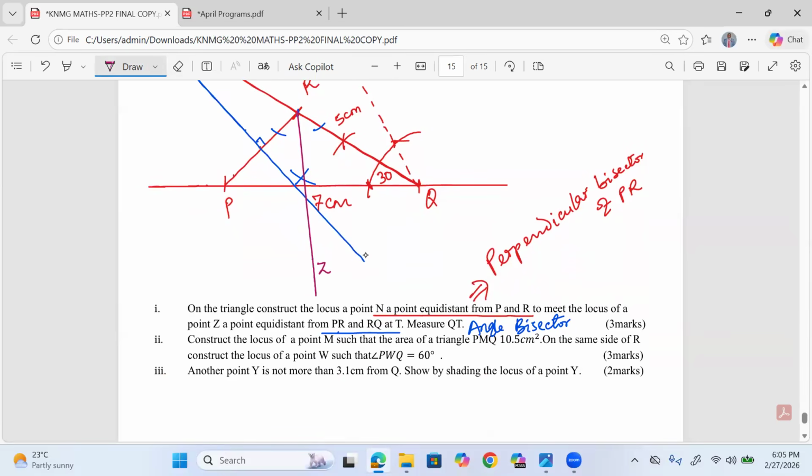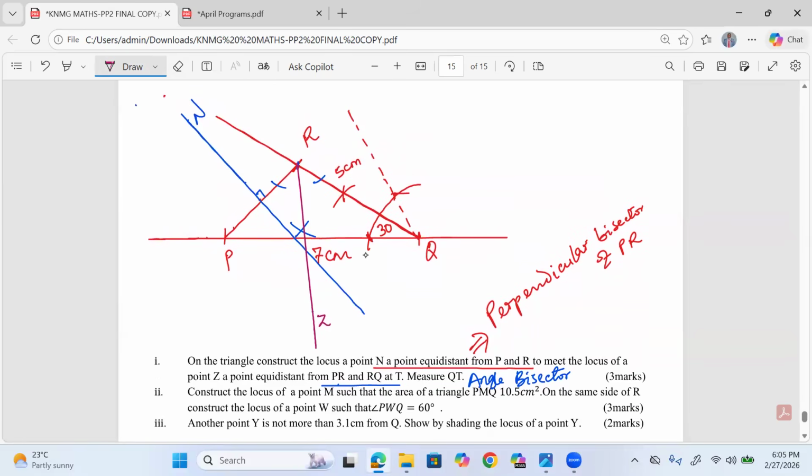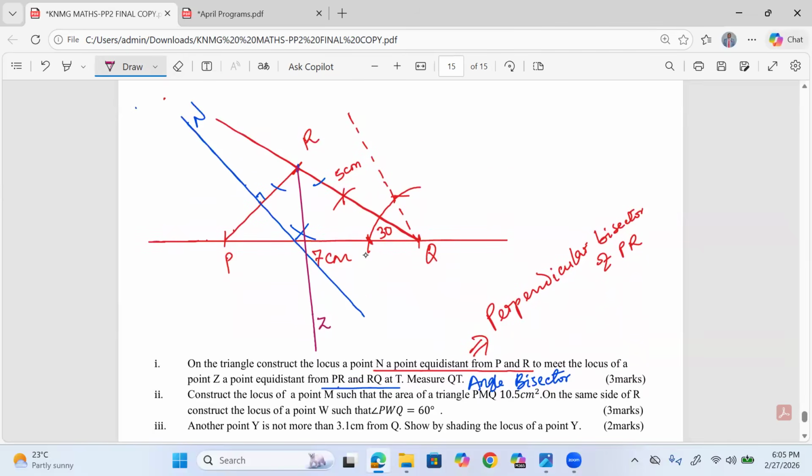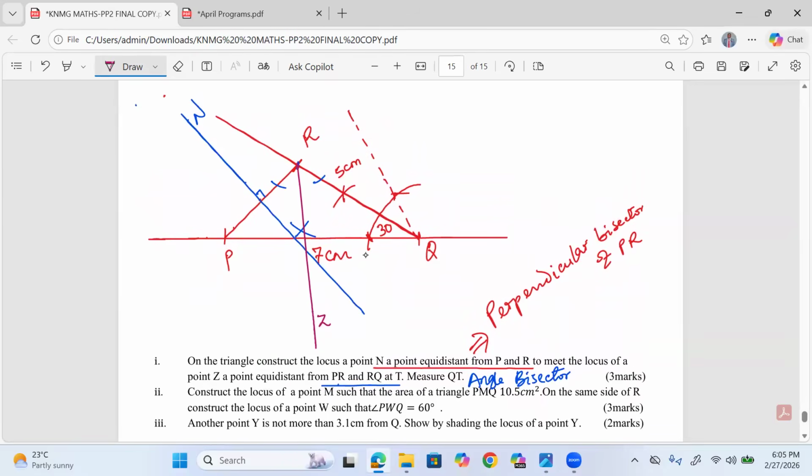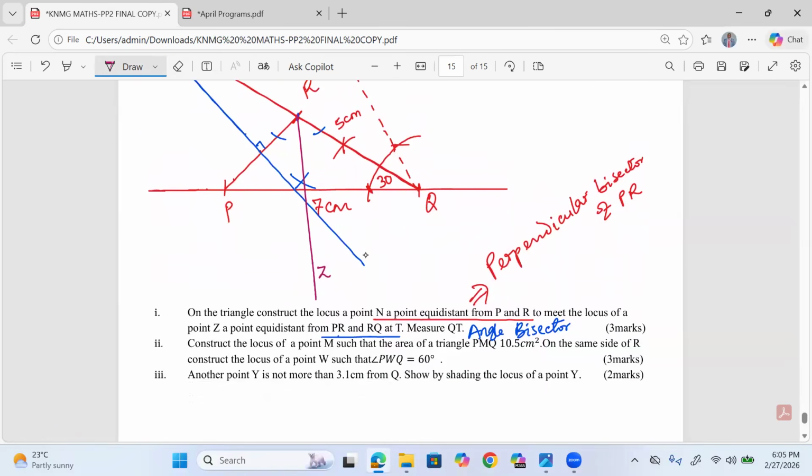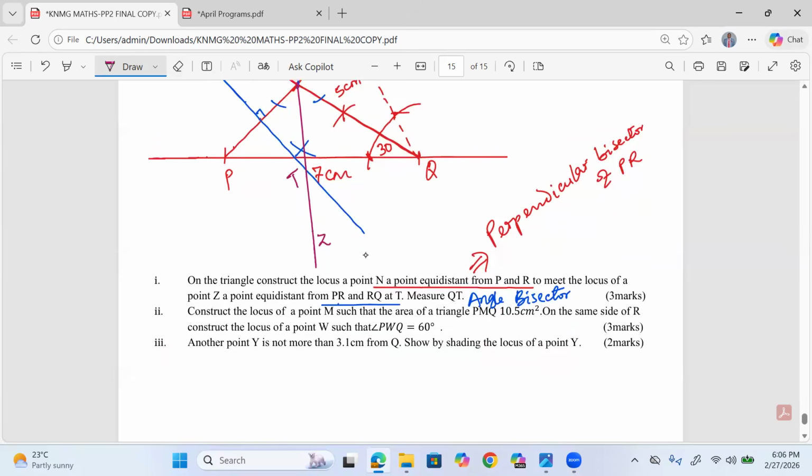Z is the locus of all the points that are equidistant from PR and RQ. We have them meeting at T. Then when they meet at T, we measure Q to T. From Q to T, you stand at T with a divider, you open it to Q, then you transfer it to the ruler.